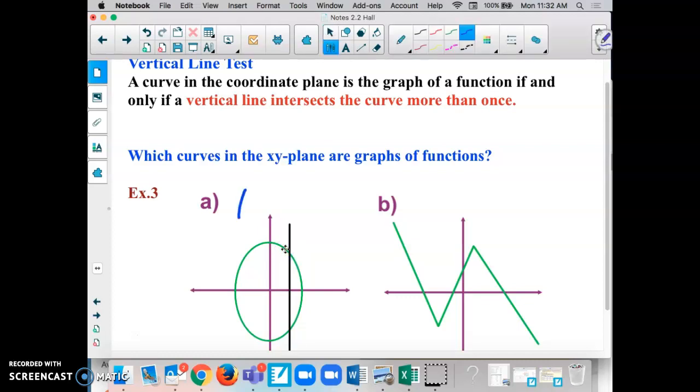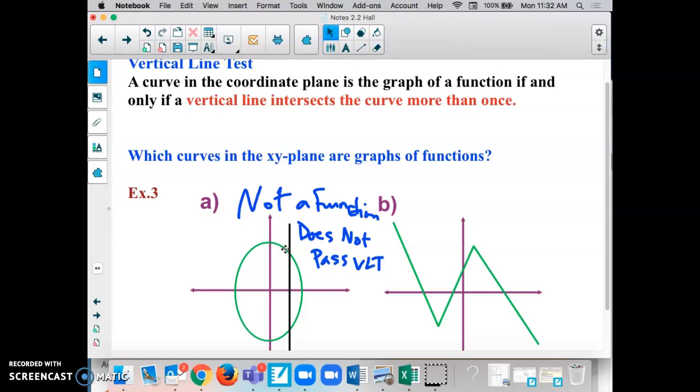A lot of times they'll ask, why is it not a function? It does not pass the vertical line test. Or you could say for one x value, there is more than one solution for it. Like here's x, there's a y answer there, and there's a y answer there.